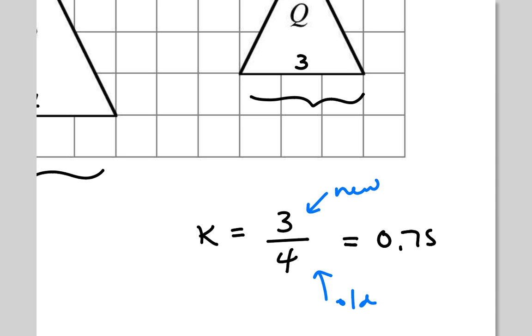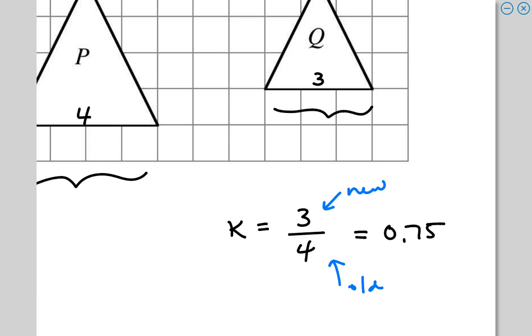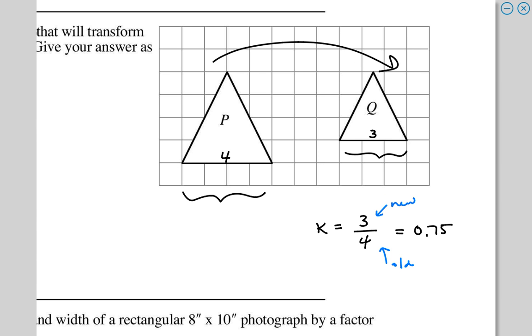Yeah, 75 cents, 0.75. Now, you guys are smart people. You guys get it. You know the real world, right? Did that shape get bigger or smaller?